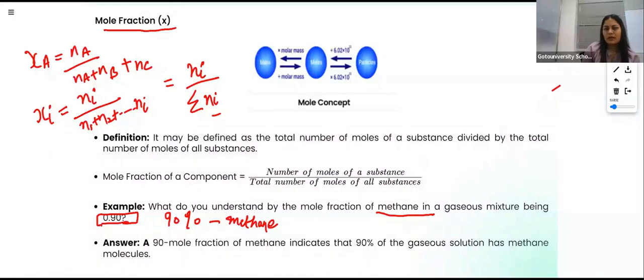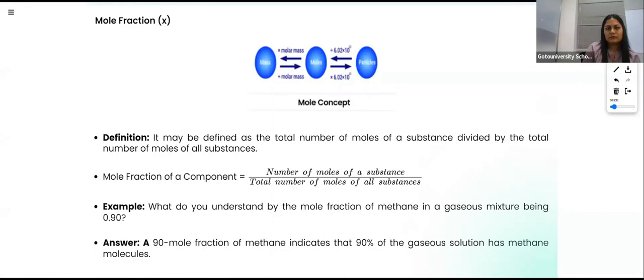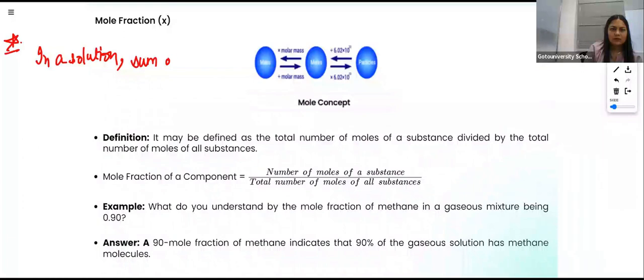Right? Here, one thing is important to note: in a solution, sum of all mole fractions is unity.